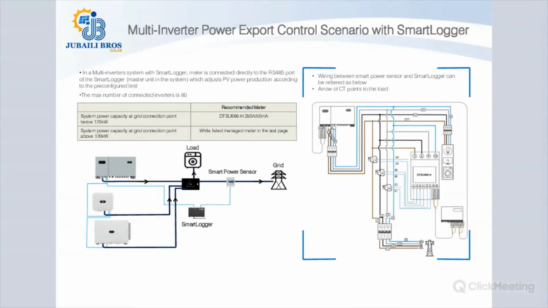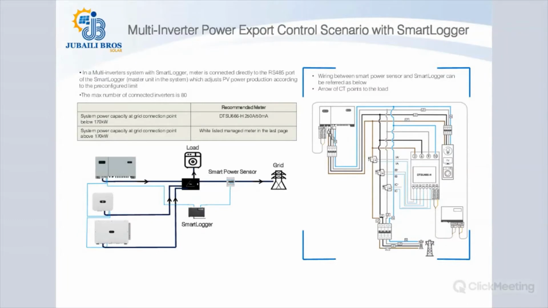In case of multi-inverters installation with smart logger, the smart logger can accommodate up to 80 inverters. For these 80 inverters, we will have 3 COM ports for the smart loggers.